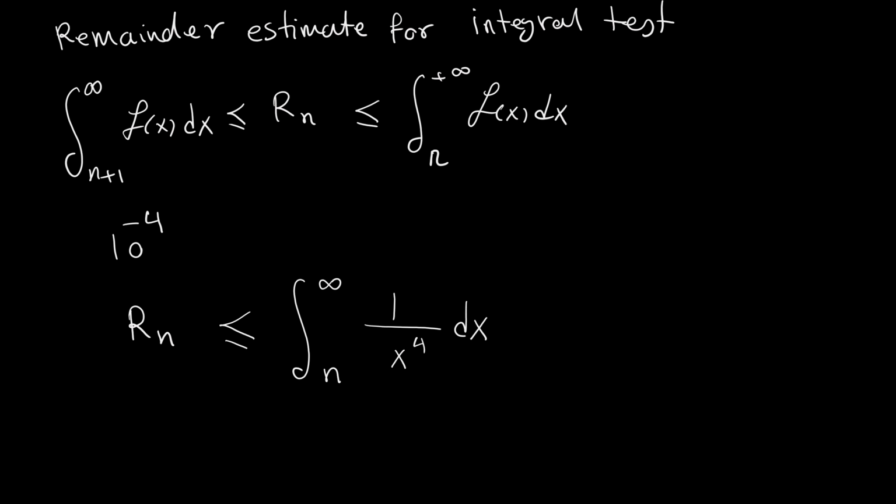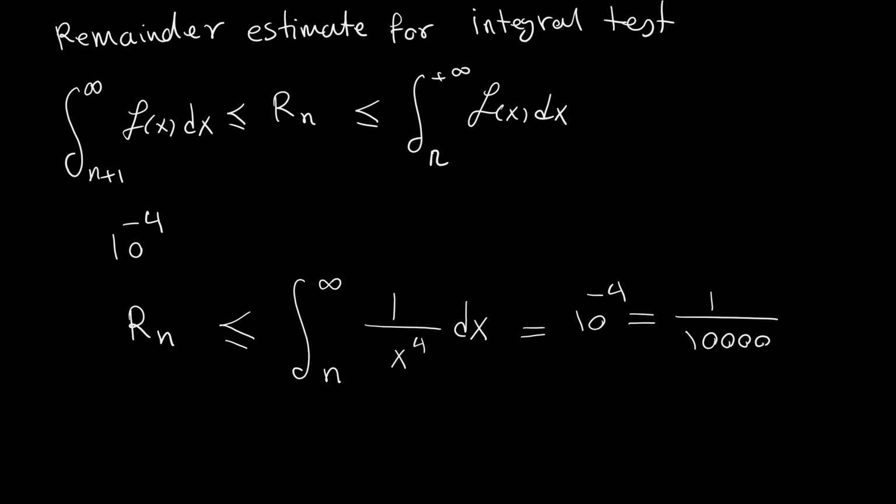But I'm looking for a specific accuracy, and this specific accuracy is 10 to negative 4, or 1 over 10,000, right? So Rn should be less than or equal to this amount. Right now I'm looking for n.